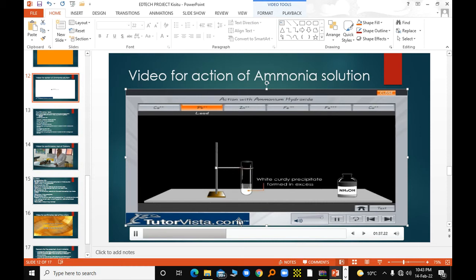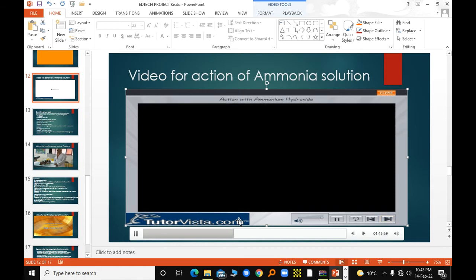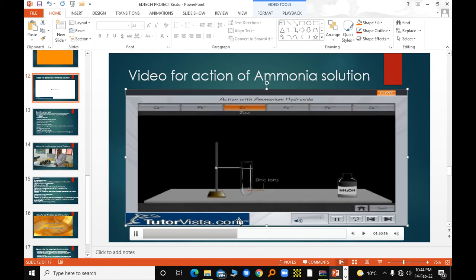When you add excess ammonia solution, it forms a precipitate. So let's see zinc.